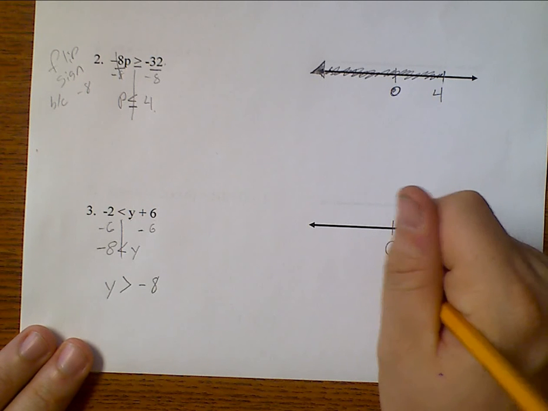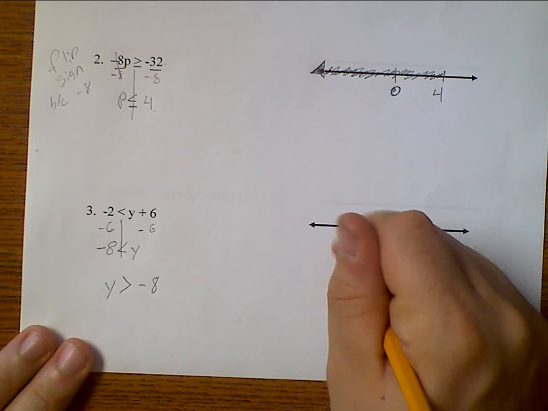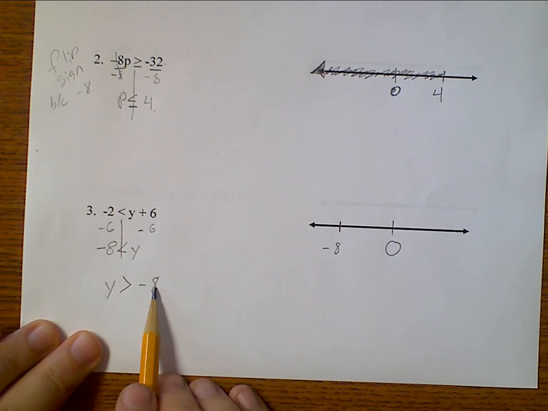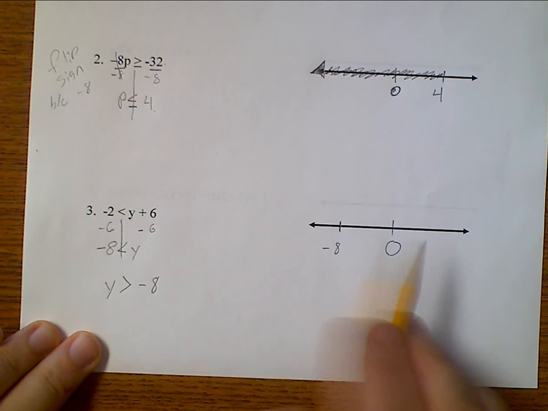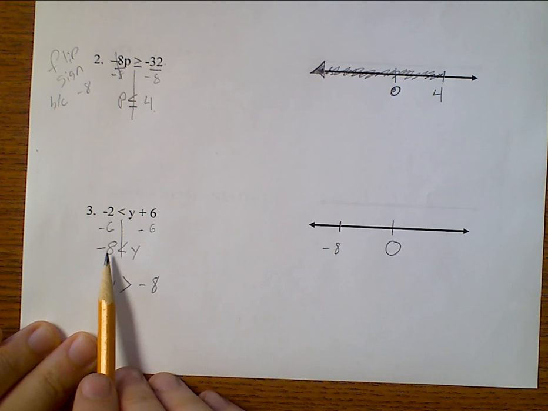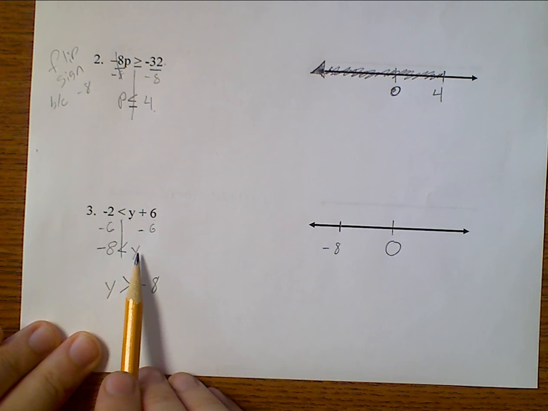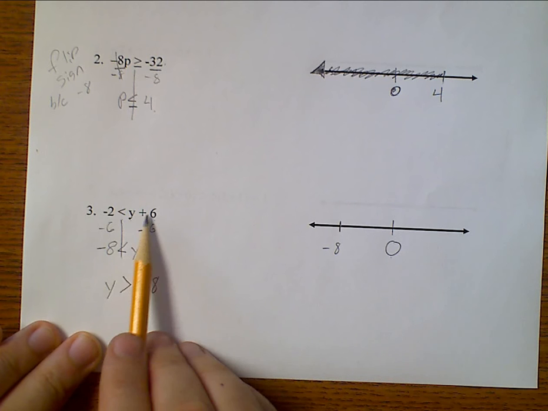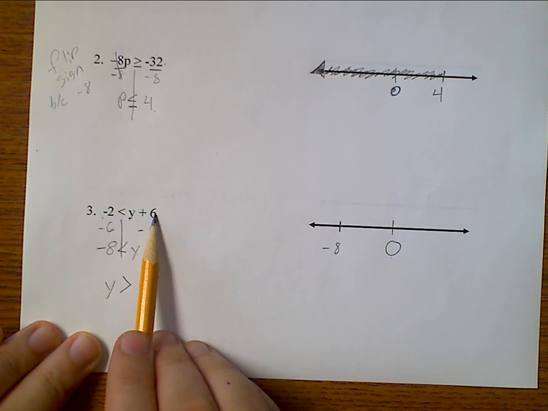Go ahead and put 0. Put negative 8. Now if y is greater than negative 8, well 0 is greater than negative 8, so I know I'm going to shade this way. Negative 8 is less than 0, so I'm going to shade towards the 0. And up here, 0 plus 6, negative 2 is less than 6, so I'm going to shade towards 0.